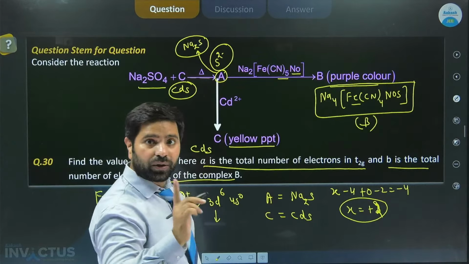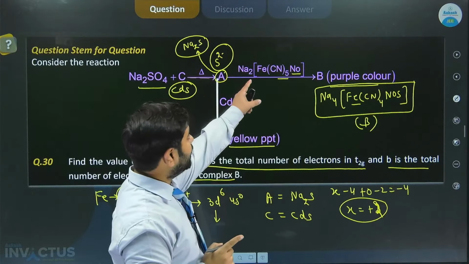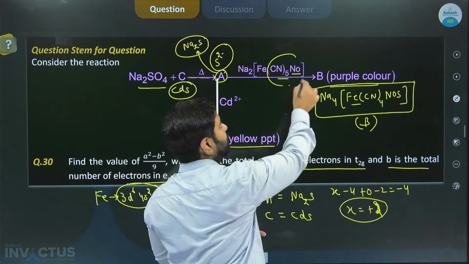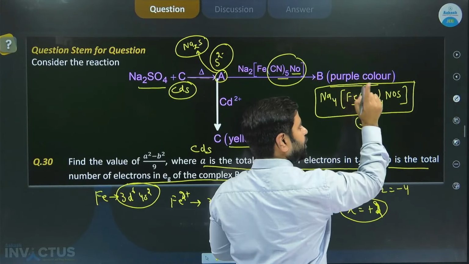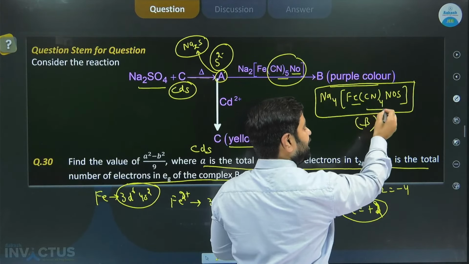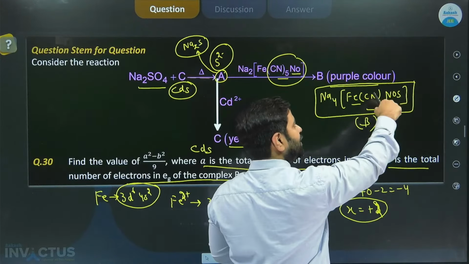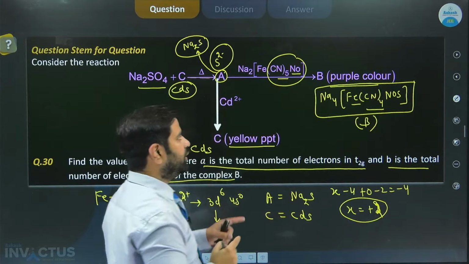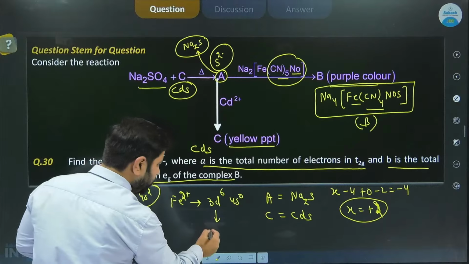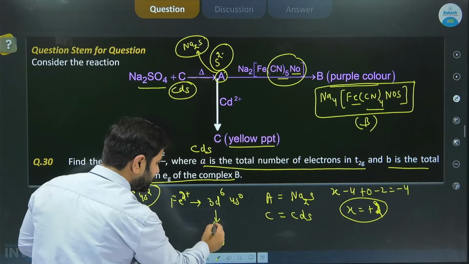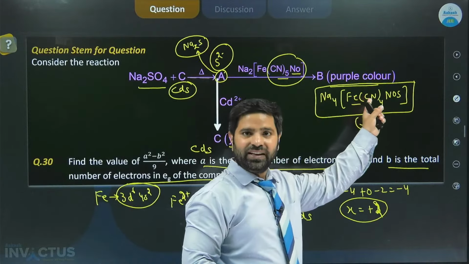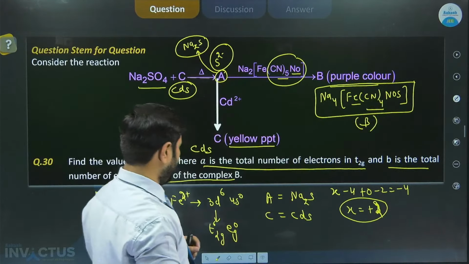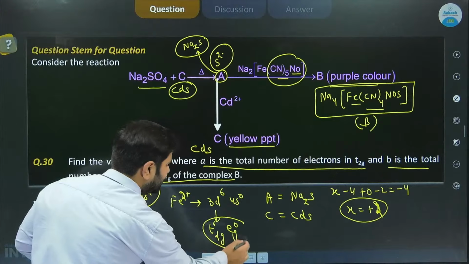The point to be remembered here is that the coordination number is 6, and it would remain the same. The cyanide ion would be removed and the sulfide ion will replace the cyanide ion here. Okay. So t2g 6 eg 0, because NO is a strong ligand, CN is a strong ligand. Okay, t2g 6 and eg 0.